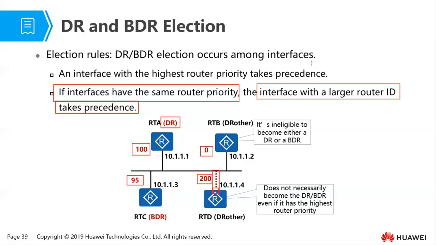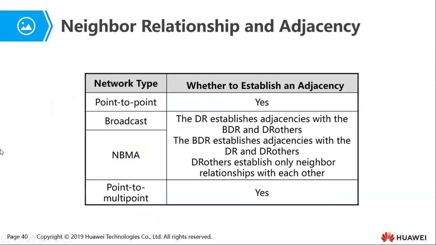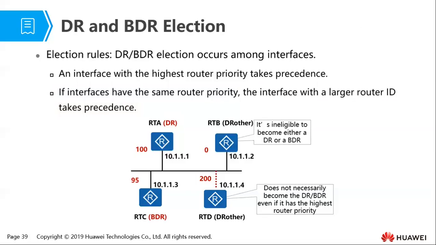Okay, so let's move on to the next one. Just a moment. Yes. When you specify an interface as point-to-point, it means the router will not form neighbor relations. Not the router, the interface. It means that it will not form a neighbor relation.